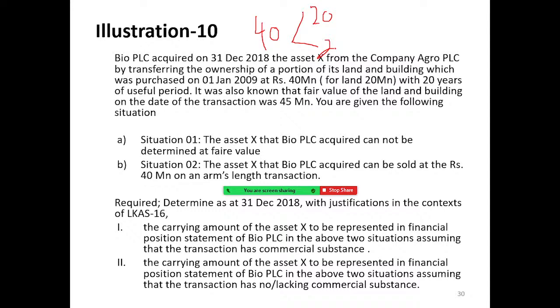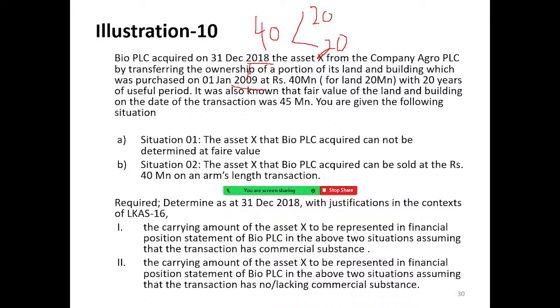Here 40 million for the building, so the balance is 20 million. The building can be used for 20 years. It was purchased in January 2009 and it is now 2018, so how many years? 10 years. One year's depreciation is 20 million divided by 20, so one year's depreciation is 1 million.